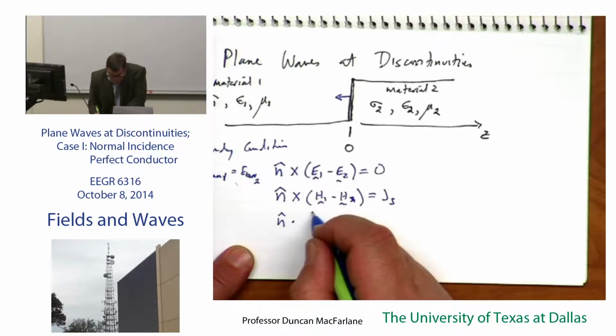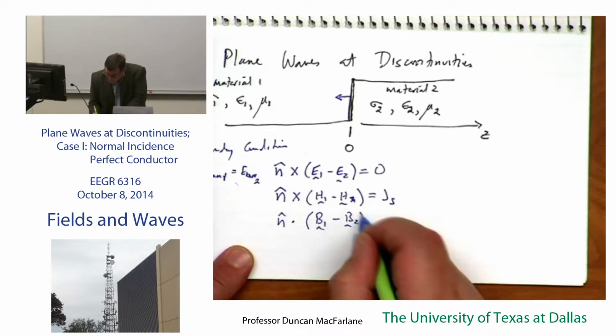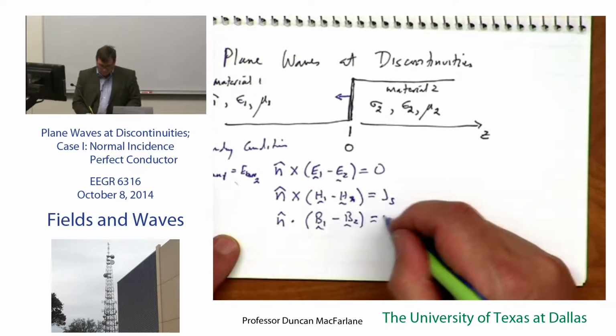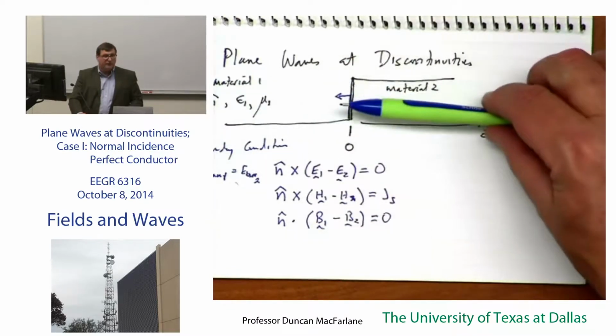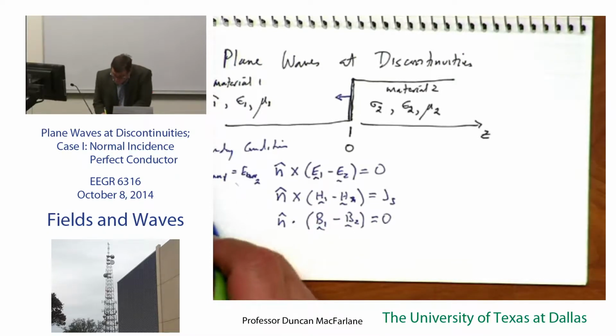If we dot this with the field, and here I'm dotting it with a magnetic field, then we'll see what happens with the normal component of the field. For the magnetic field, because of Maxwell's equations, we have the normal component being conserved across the boundary.